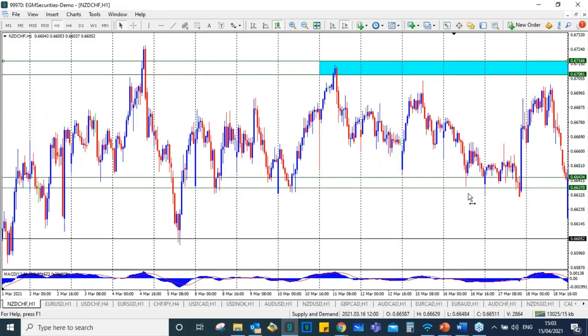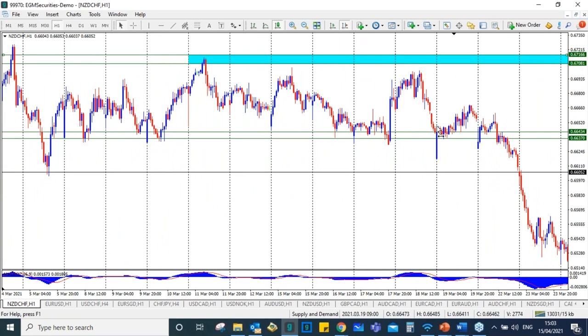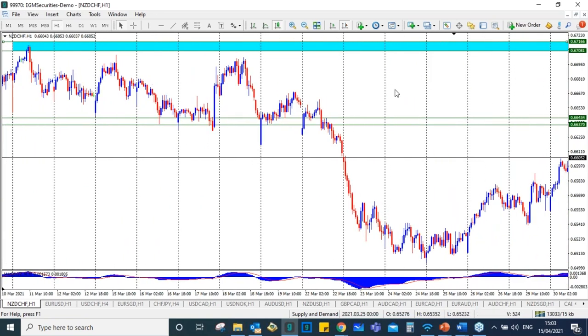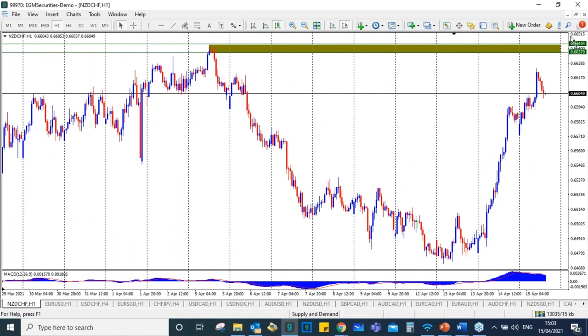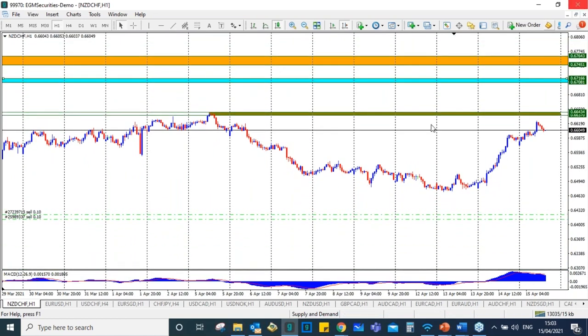to wait in the near future until such a time when price will come back to that zone. So as a matter of priority, I'll be waiting to see whether the price will come to our first supply zone.